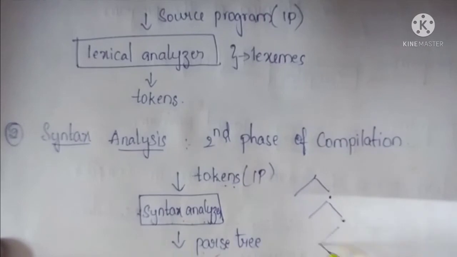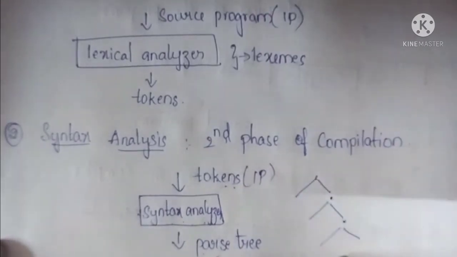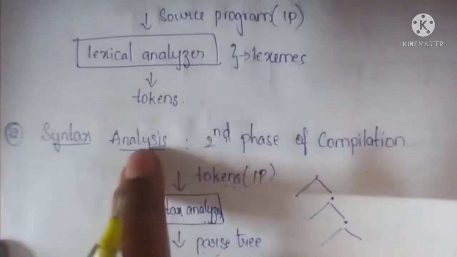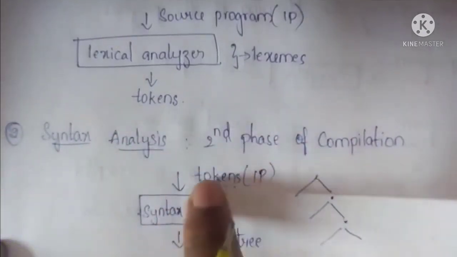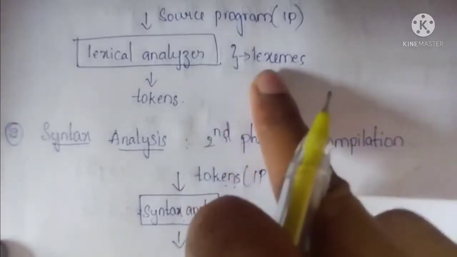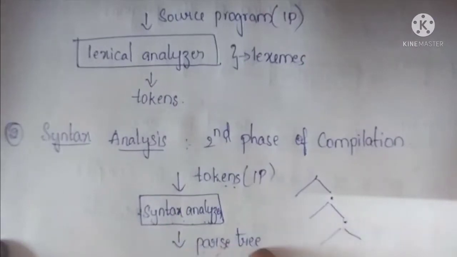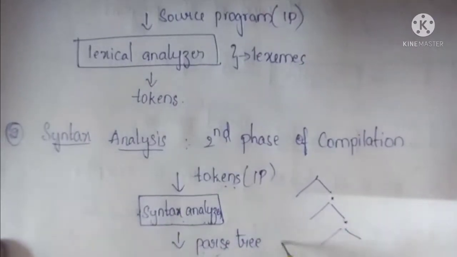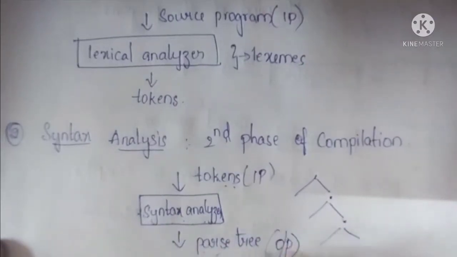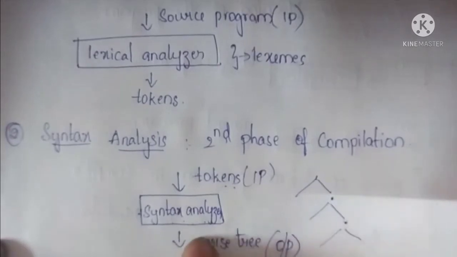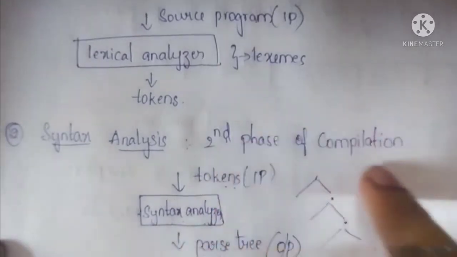I think you all know what a parsing tree is. In this format we are going to write the parse tree. Syntax analysis takes the tokens from the previous phase as input and generates a parse tree as output. This is all about syntax analysis, the second phase of compilation.